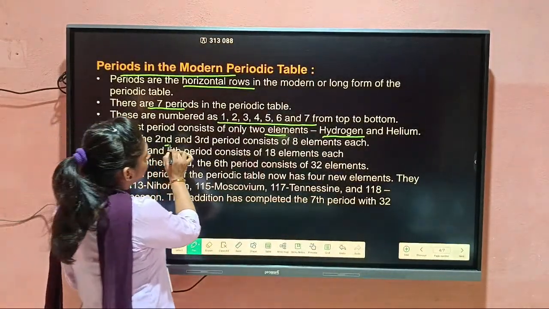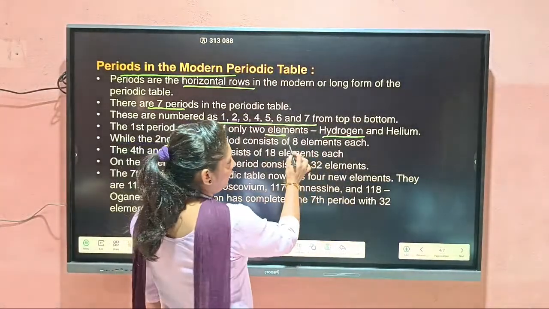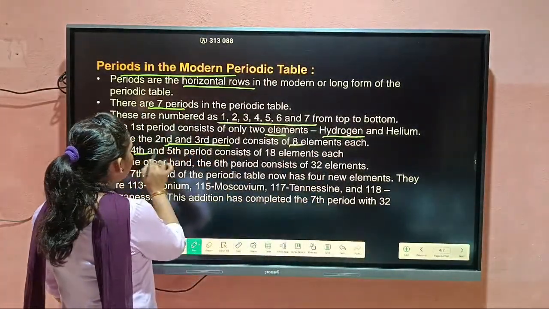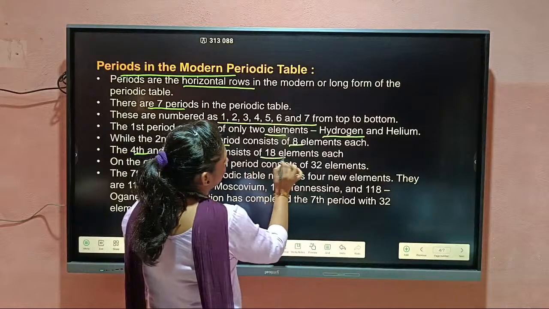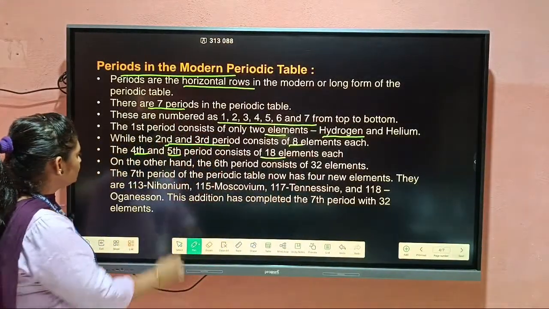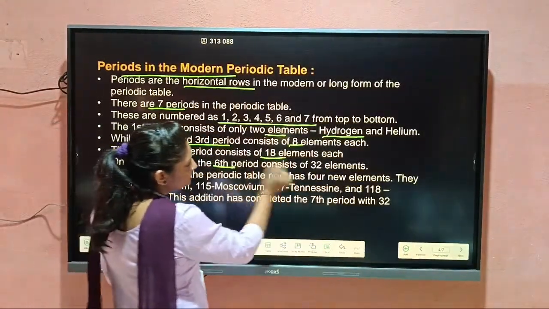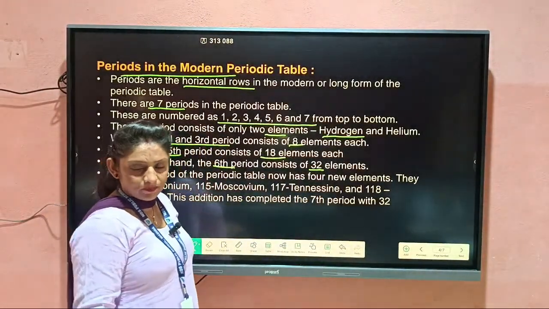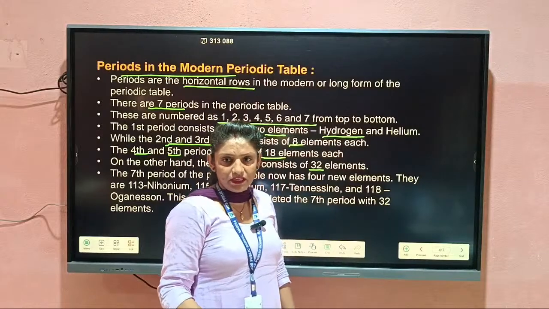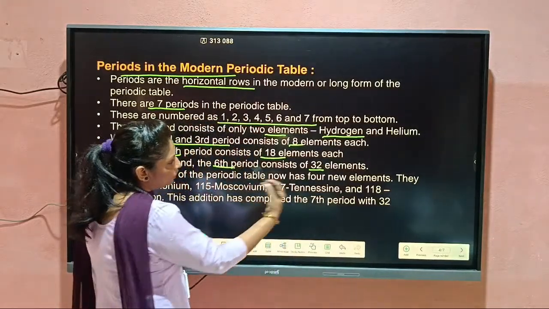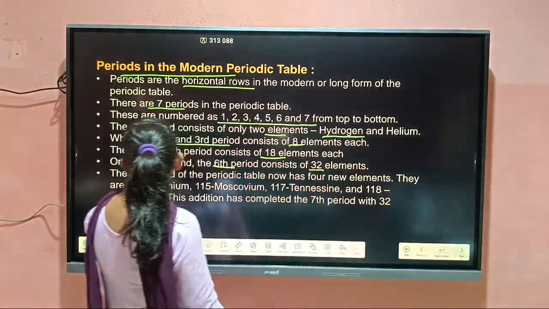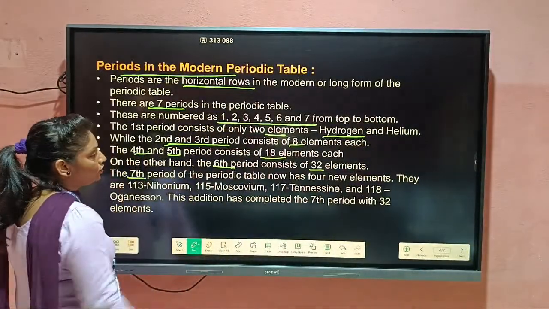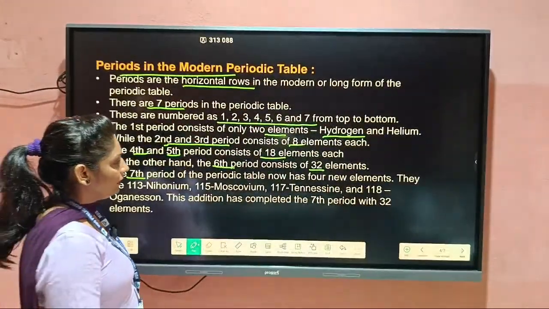While the second and third periods consist of 8 elements, the fourth and fifth periods consist of 18 elements each, and the sixth period consists of 32 elements: 18 in the sixth plus the lanthanoid series, so there are a total of 32 elements. In the seventh period also there are 32 elements.